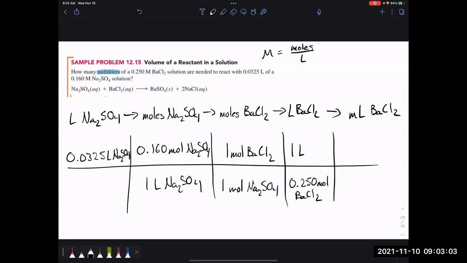That's going to be 1 liter BaCl2. And then to get from liters to milliliters, we just multiply by 1,000. There's 1,000 milliliters in 1 liter.